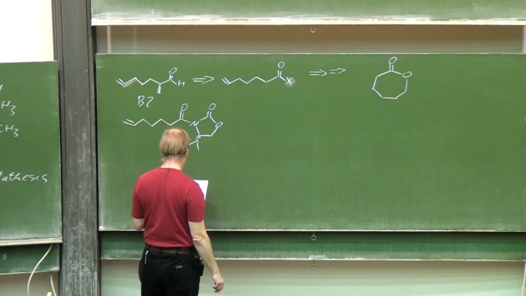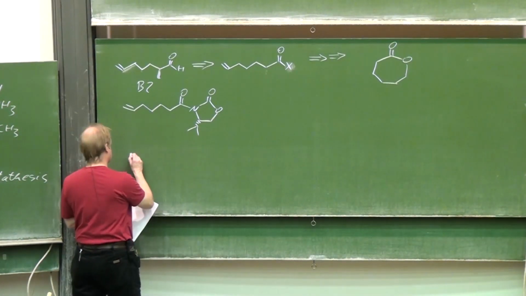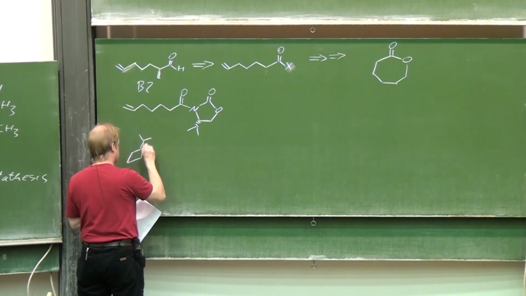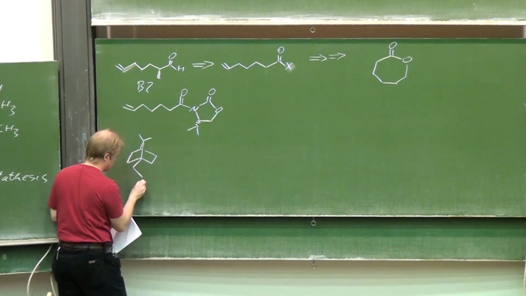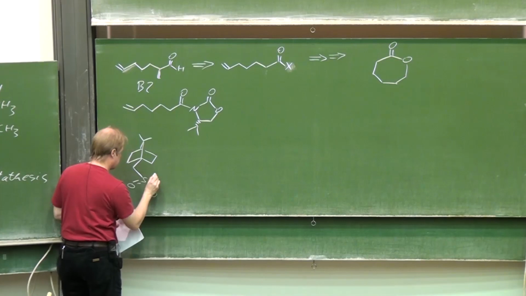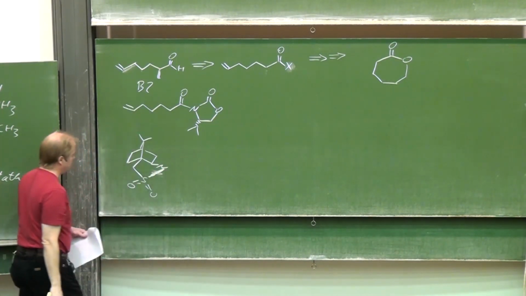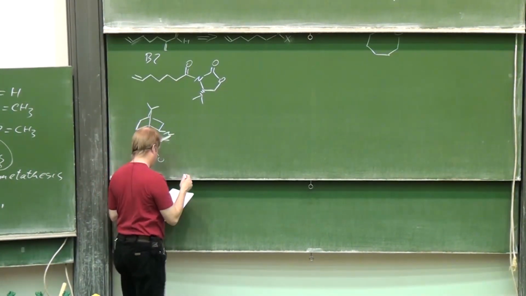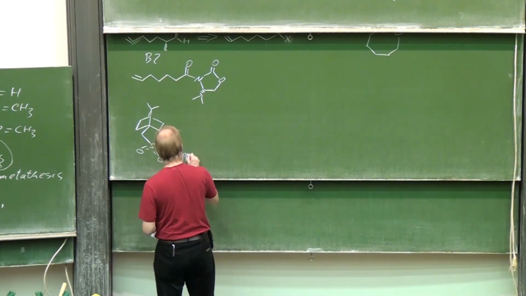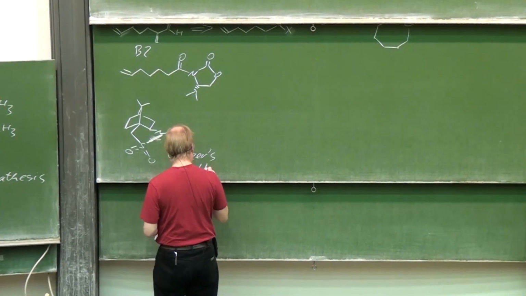Another example is this one. This, with an NH, is the so-called Oppolzer's sultam.